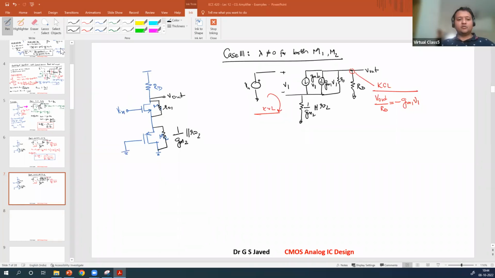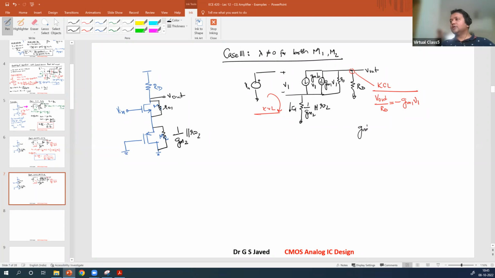So we will now begin. How do we begin? KCL again. If you apply KCL, we have one resistance, the second resistance output here, and third is the current here. So what is this ID? This current ID is the sum of all the three currents flowing through here.